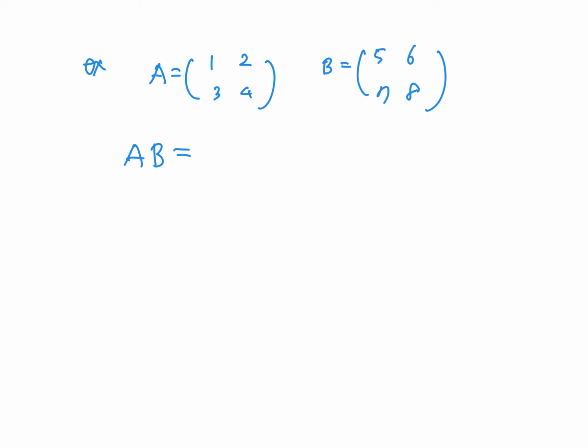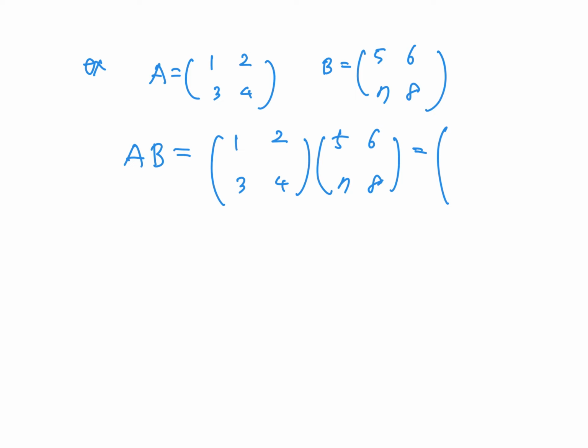So let's do some particular examples. A is 1, 2, 3, 4. B is 5, 6, 7, 8. A times B.